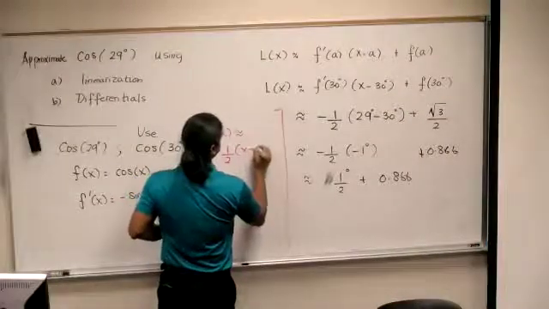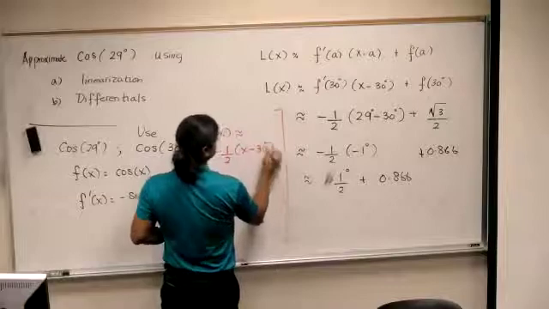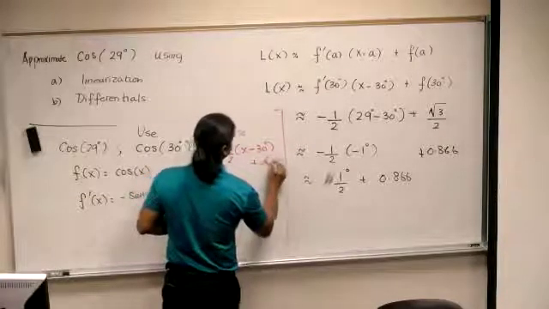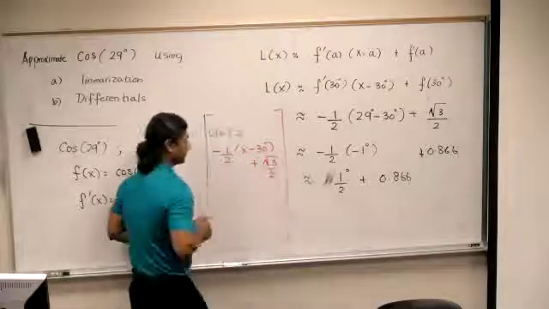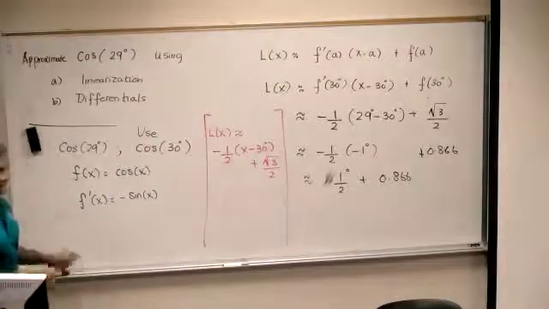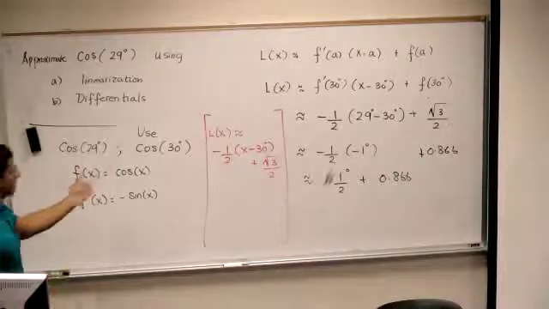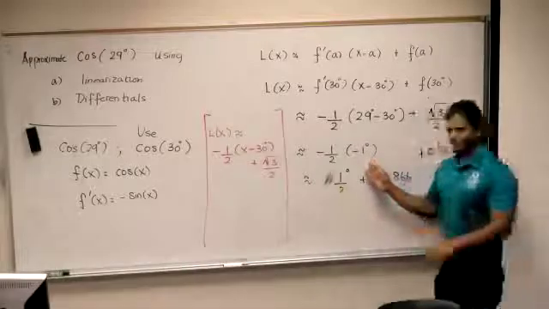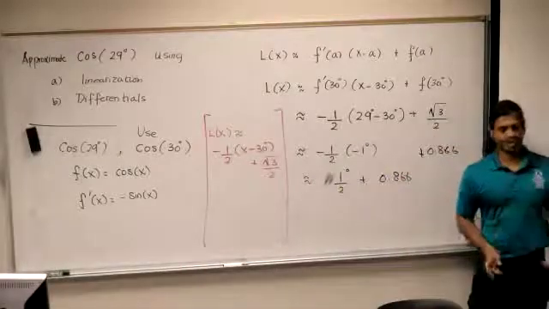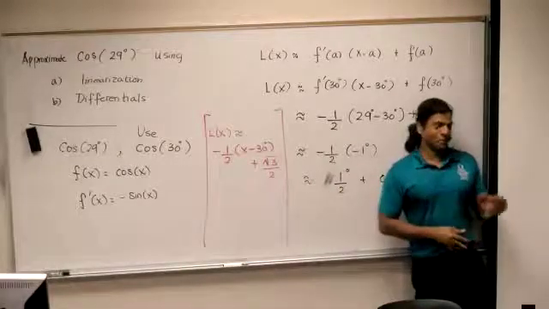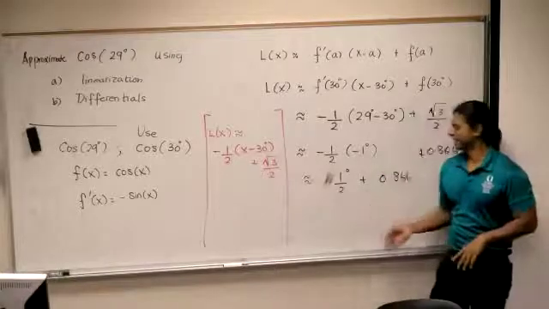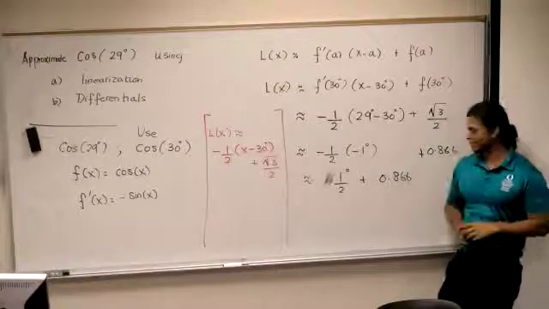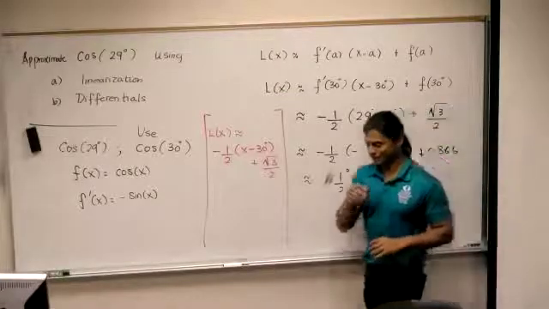Times x minus 30 degrees plus f of 30 degrees, square root of 3/2. Yes. Now we all plugged in 29 degrees, life was great. We ended up getting -1 degrees, life was great. We multiplied that by -0.5, things were great. We got 0.5 degree, was great. We added 0.866 to 1/2 degrees.